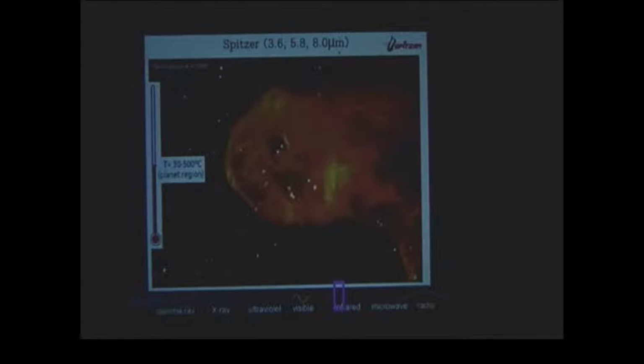The other important thing is that now the temperature of these objects that we are seeing went down. So even though we still have dots that look like stars, what we are seeing here is not the emission from the stars, it's actually the emission from the disks that are surrounding the stars.